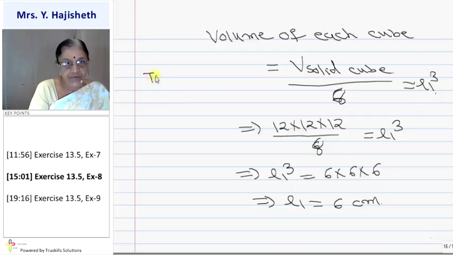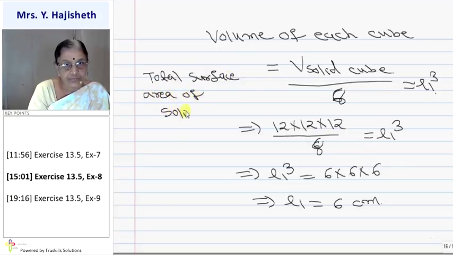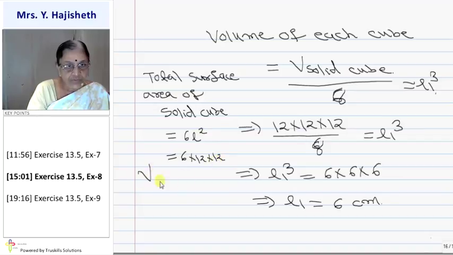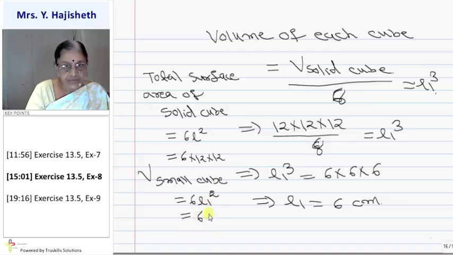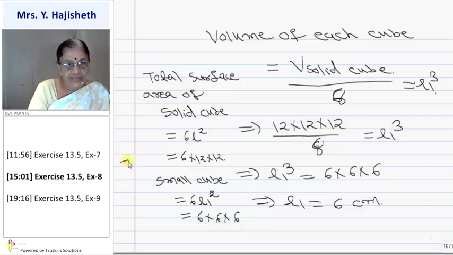Now see, total surface area of solid cube is 6 L square, that is 6 into 12 into 12, and total surface area of small cube is 6 into L1 square, that is 6 into 6 into 6.